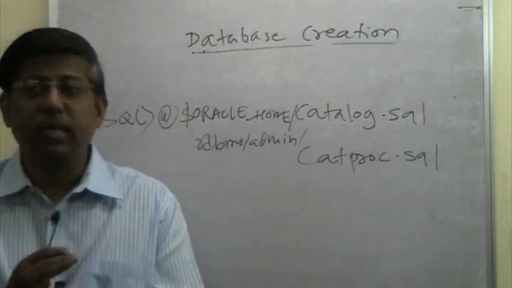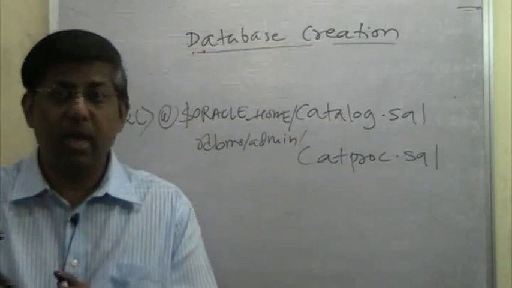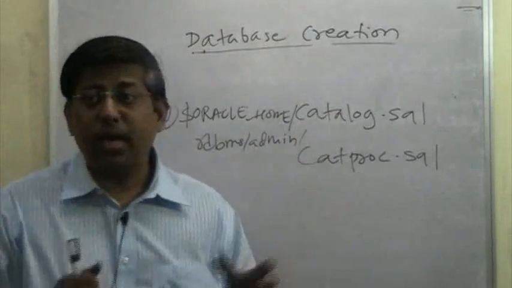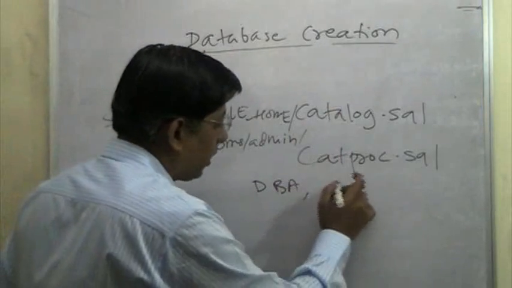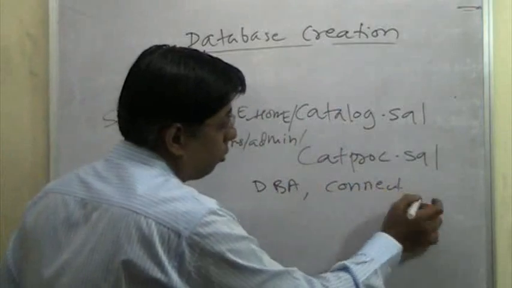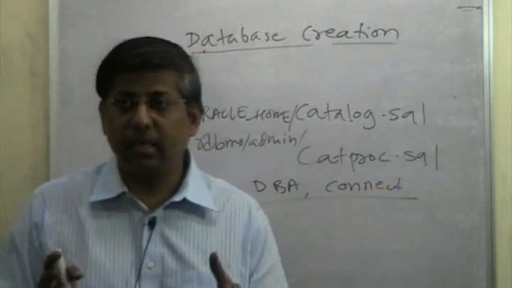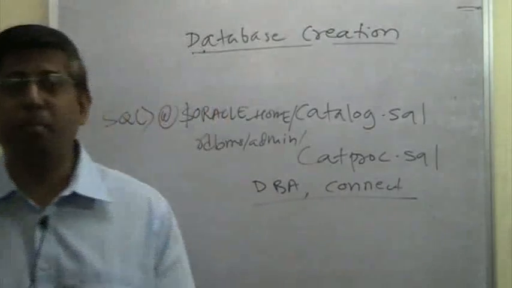Just a raw database. Now you can create additional table spaces. Now you can create users and all that stuff. Now you can grant them the roles. After this thing is done, the standard roles which we saw last time, DBA, connect, all those roles will also get created, and then your database is, as I said, raw. So the very first thing that you do after this is done is to take a backup of the database.